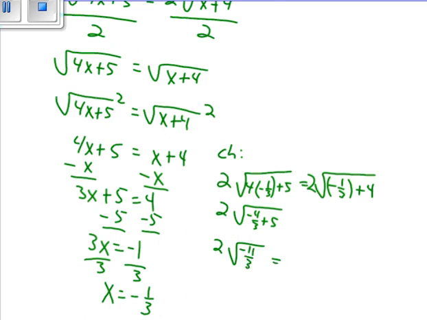Does that equal 2 times... sorry, that would be 11/3. And those are not equal, so this is an excluded solution. So no solution again on this one.